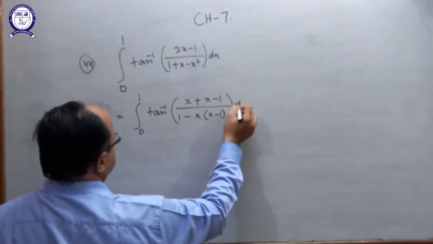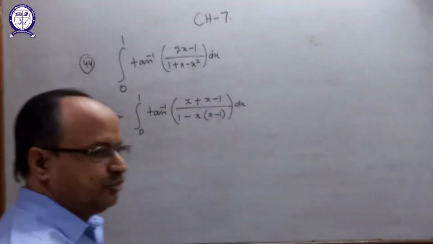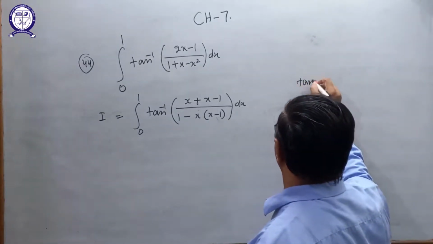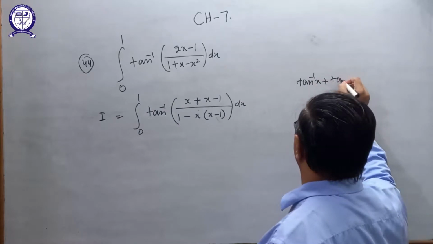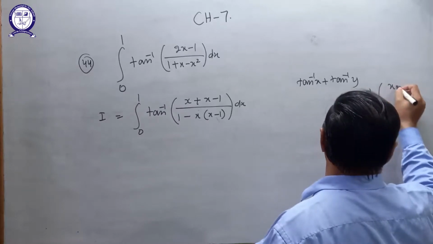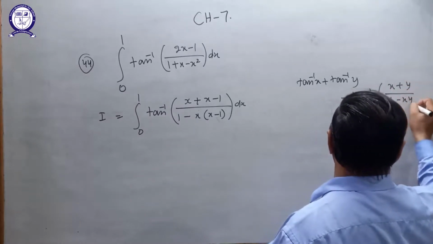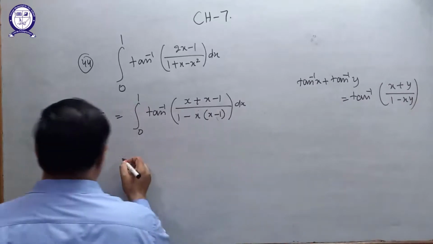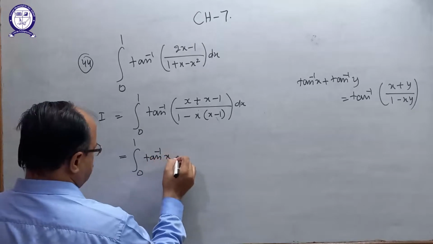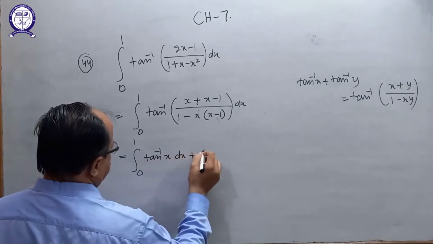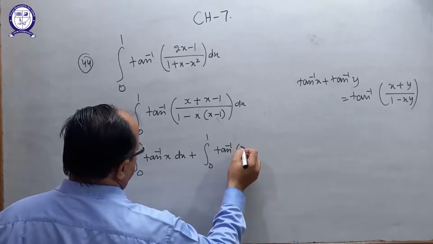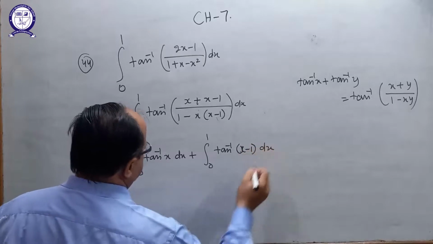Can you write like this? And you know about the property of tan inverse x plus tan inverse y from the second chapter: tan inverse x plus tan inverse y is tan inverse of (x plus y) upon (1 minus xy). Apply this property here. Integration 0 to 1 of tan inverse x dx plus integration 0 to 1 of tan inverse of (x minus 1) dx.